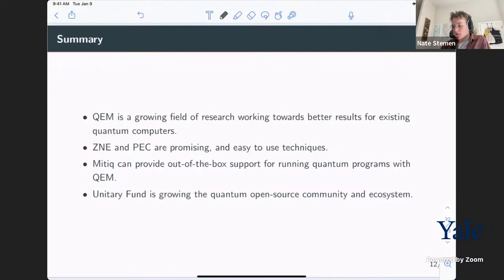Unitary Fund is growing the quantum open source ecosystem. I'd really encourage, if people here have ideas that they think might be good for a microgrant, to definitely apply. The application is pretty simple.